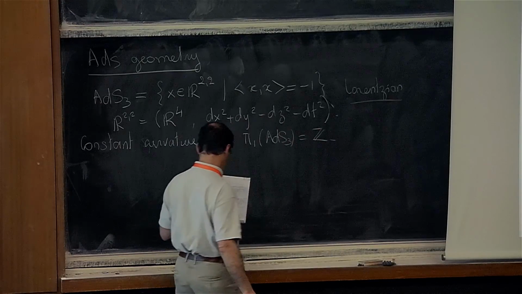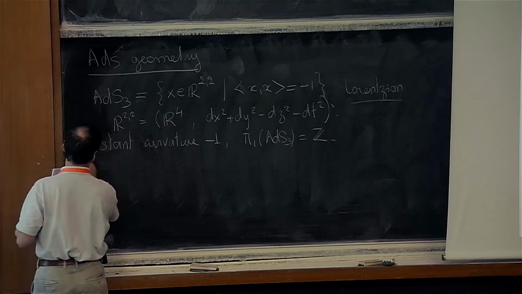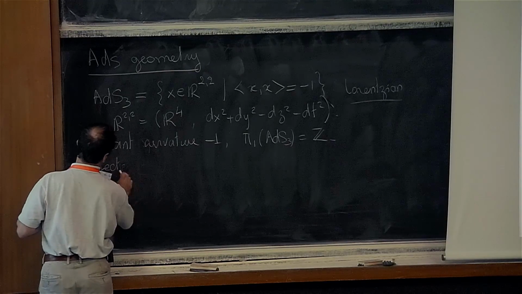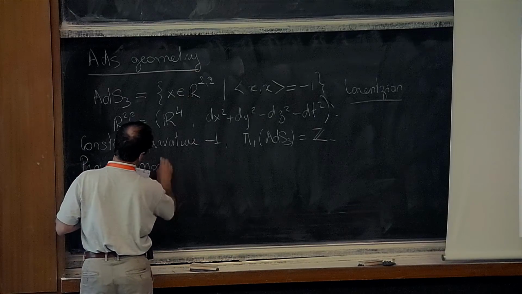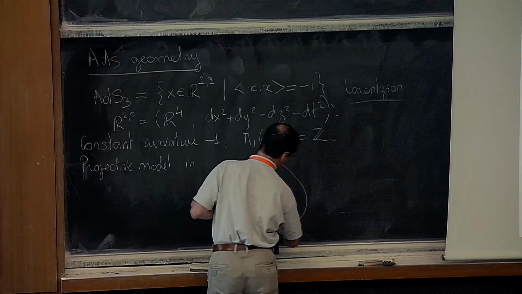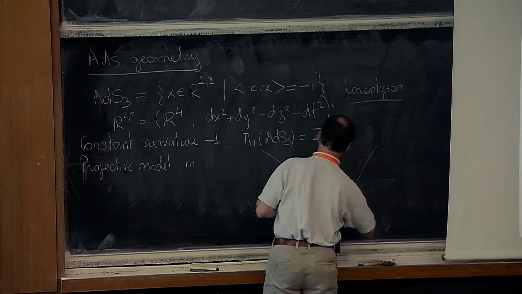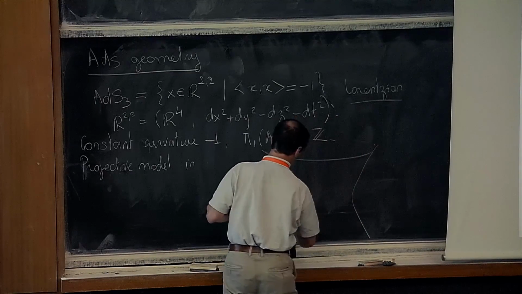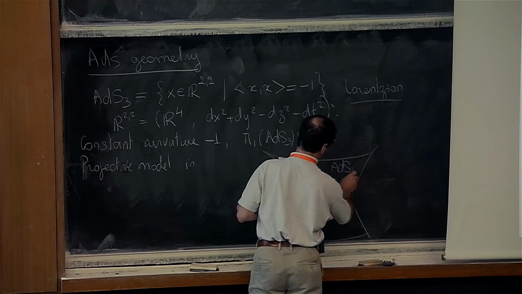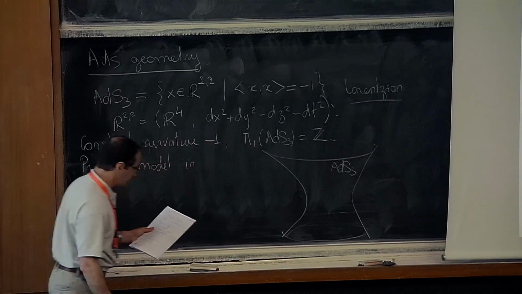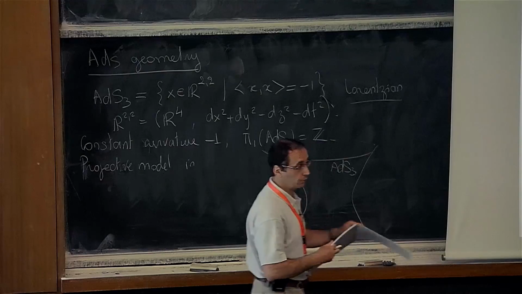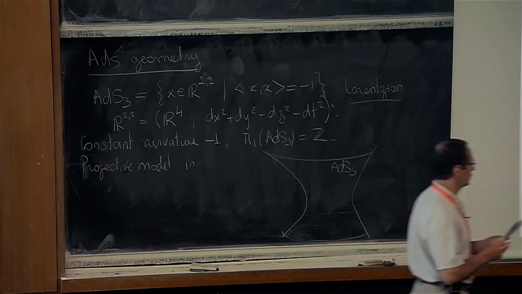It has a projective model, like the Klein model for hyperbolic space, and the projective model is in a hyperboloid. So the projective model looks like this. AdS3 is in this space. And what you see from this projective model, you see immediately that there are some nice features that you don't have in hyperbolic space, which are typically Lorentzian features.